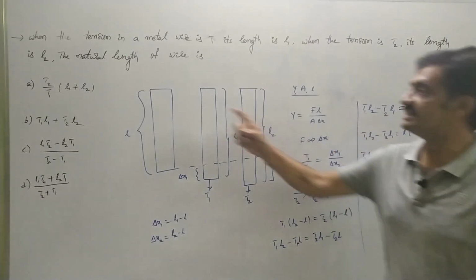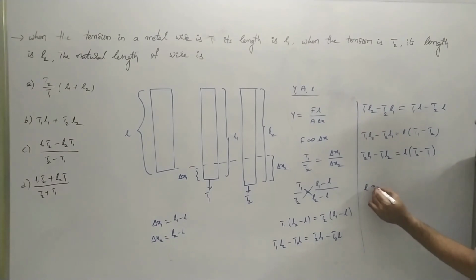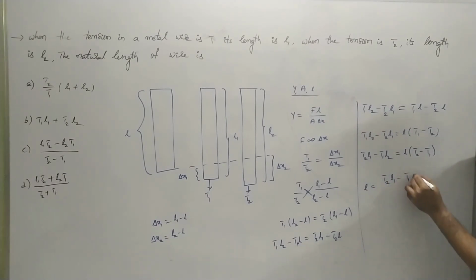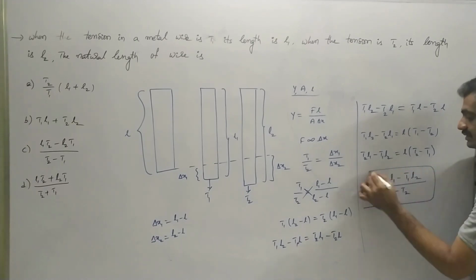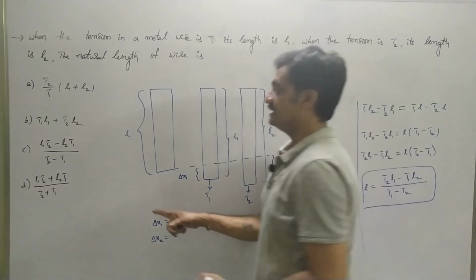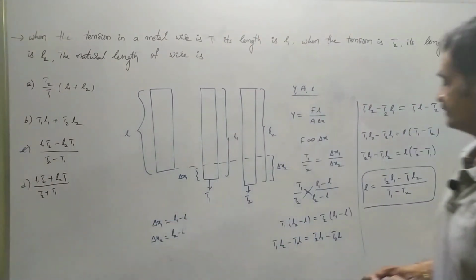Here we have to represent the natural length of the wire, nothing but L. Then L is equal to T2 L1 minus T1 L2 by T2 minus T1. So option is 3. Take a screenshot, we will continue.